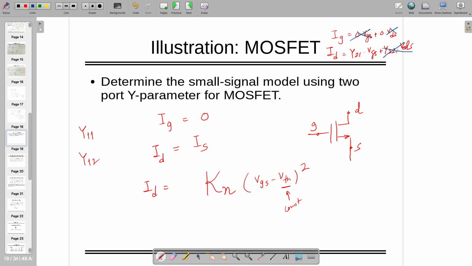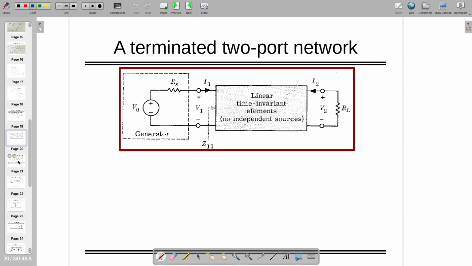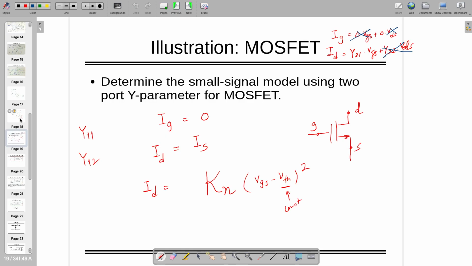When you are going to find out Y21, Y21 is nothing but del ID by del VGS, right?